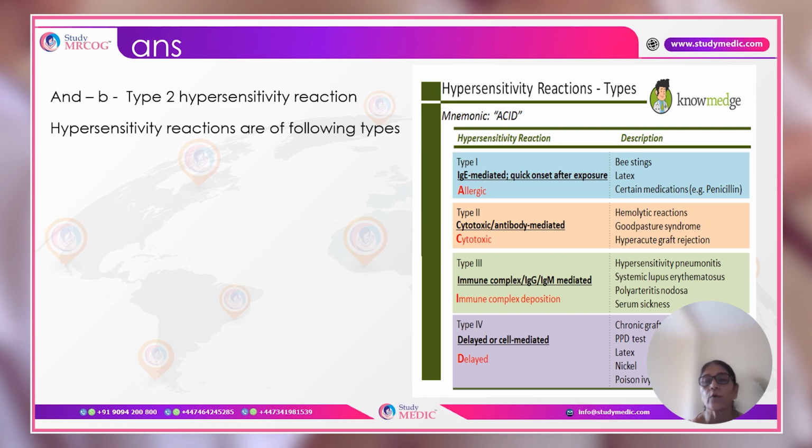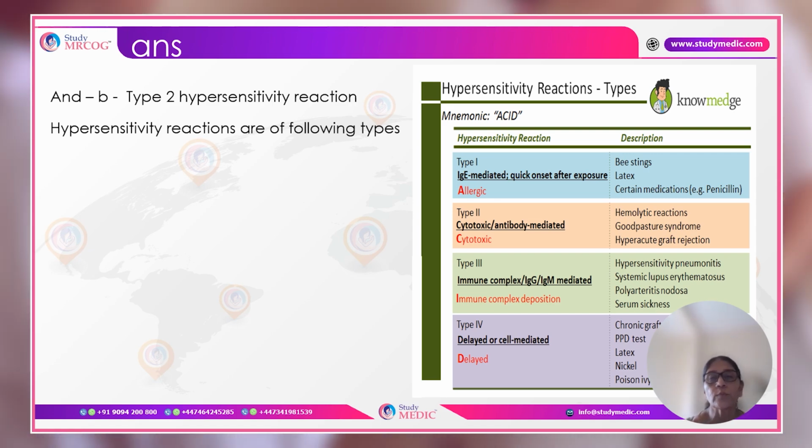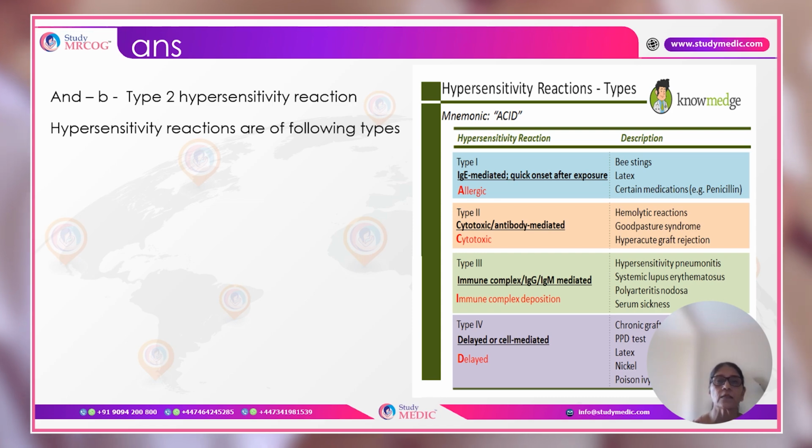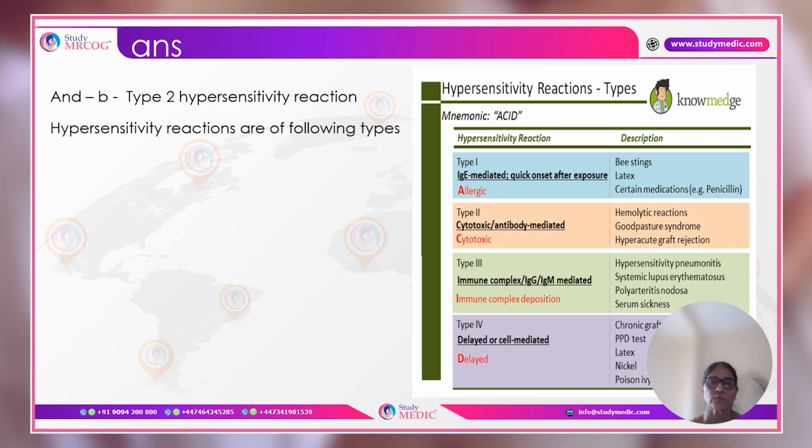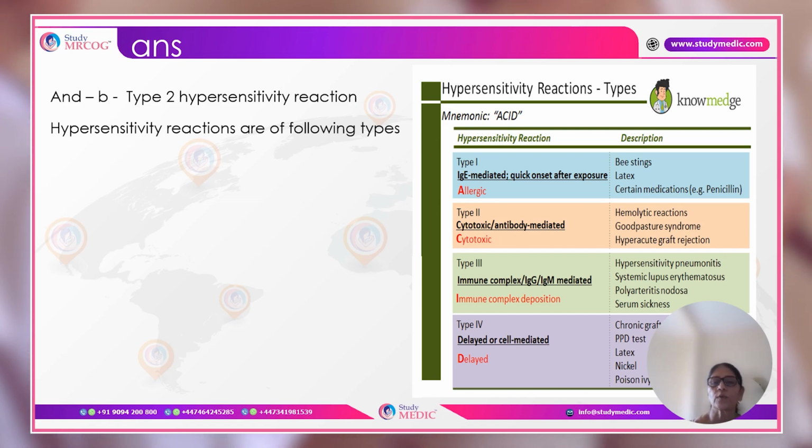Now in a blood transfusion reaction, the reaction is there because there are some antibodies that are already in the serum of this patient, and they attack the antigens that are present on the cells which we are transfusing. So it is a type 2 reaction and it is antibody mediated, so it is cytotoxic.